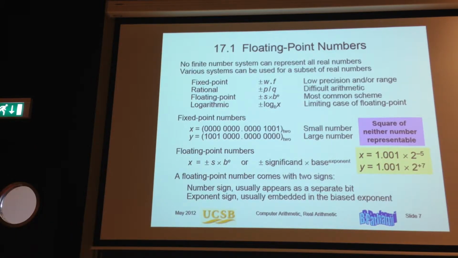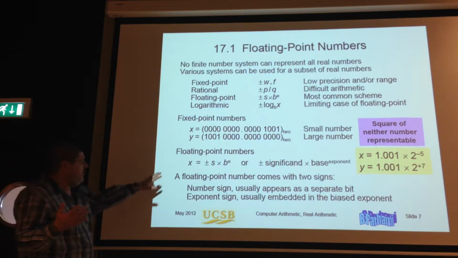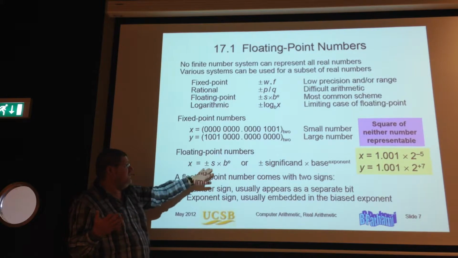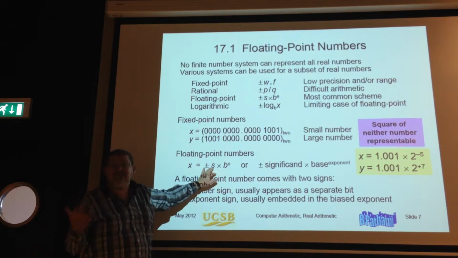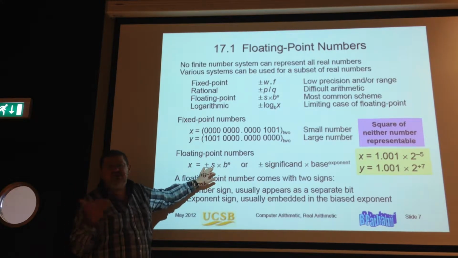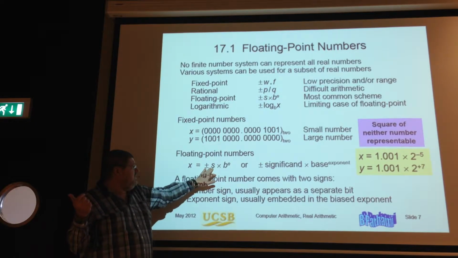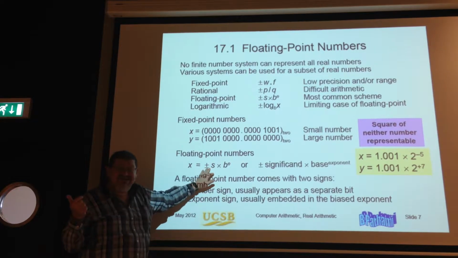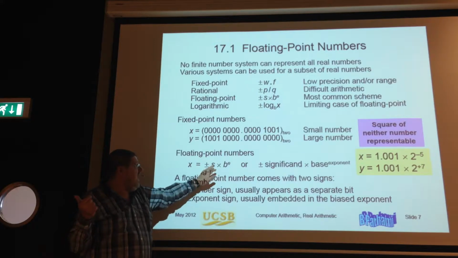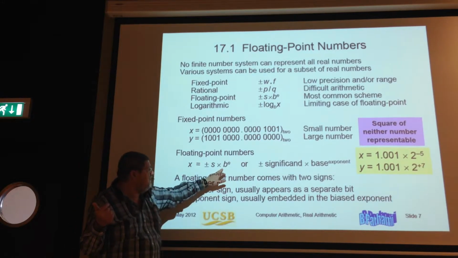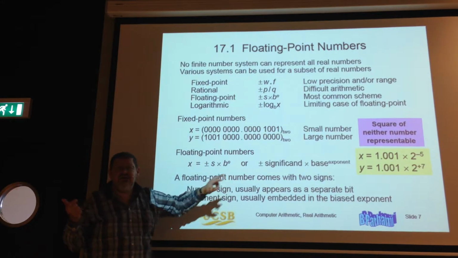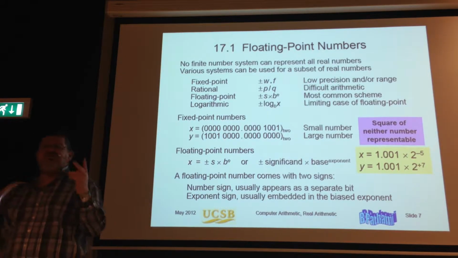Now, a floating point number is represented like a significand or a mantissa. There are different kinds of terminologies. It has a sign, and an exponent, which also has a sign. So in a floating point number, I have two signs.